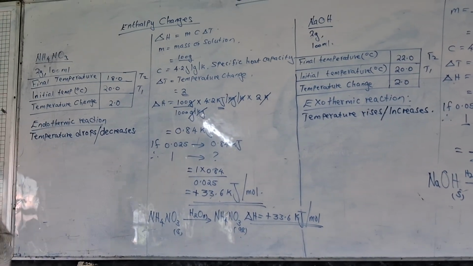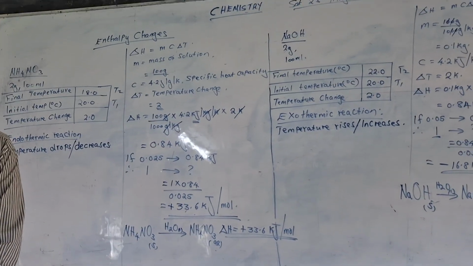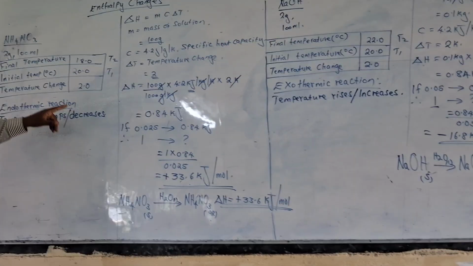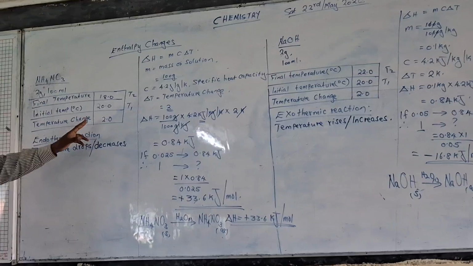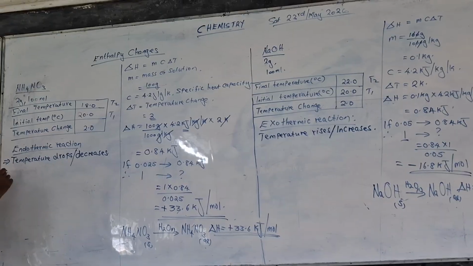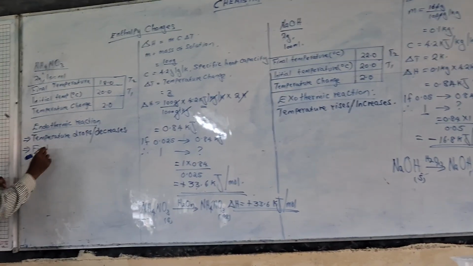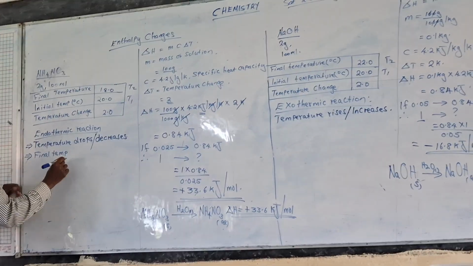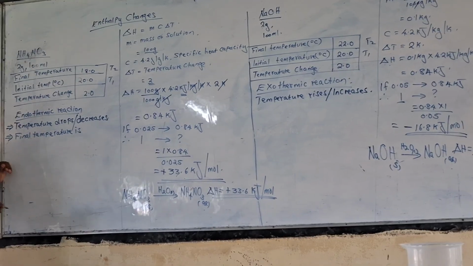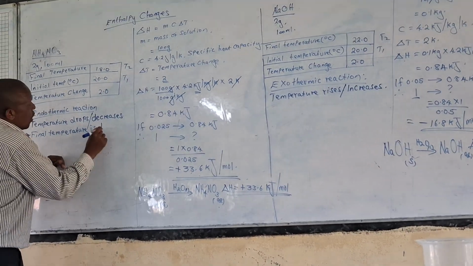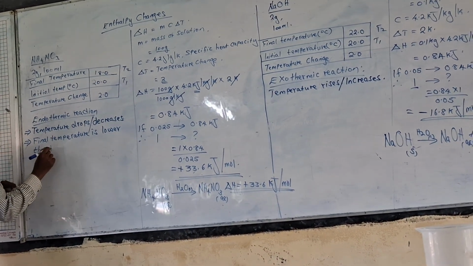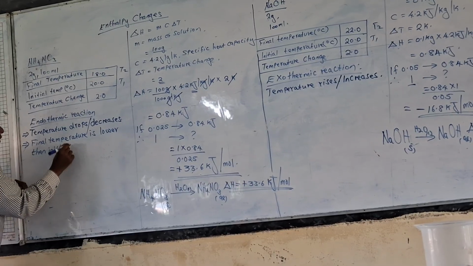Very good. The other point: if we have said the temperature is dropping here, what does it mean? Final temperature is lower than initial temperature. So that's another point. We say final temperature is lower than initial temperature.